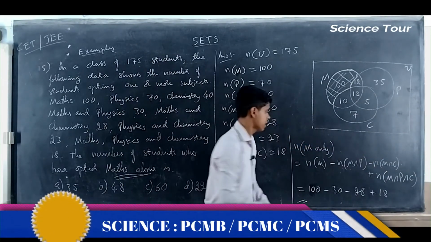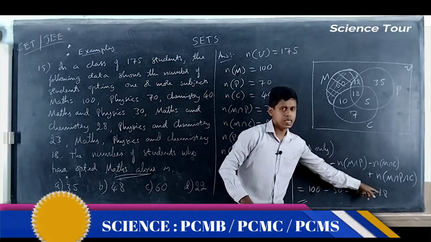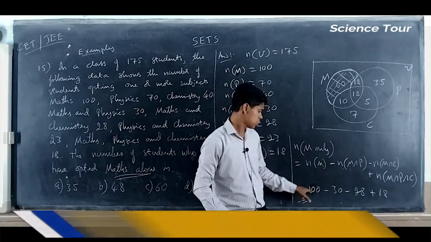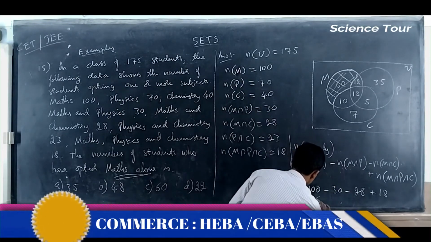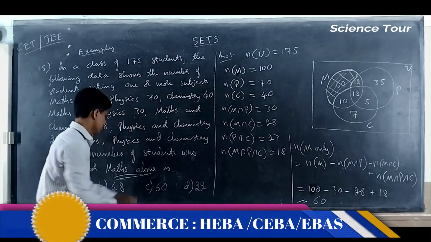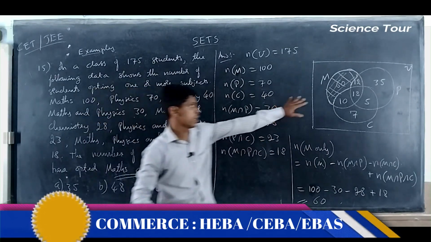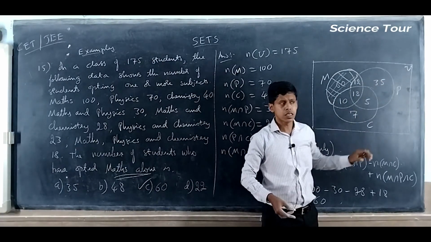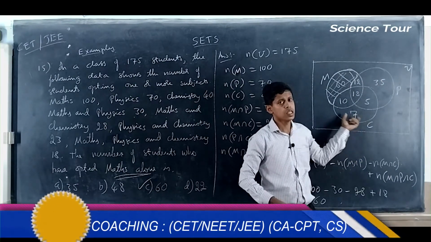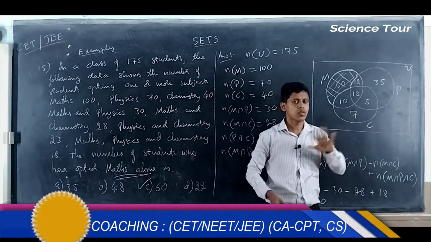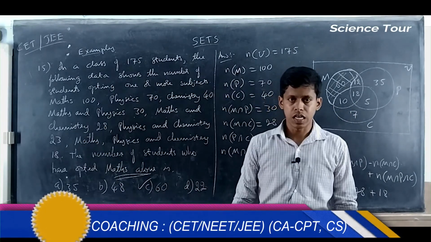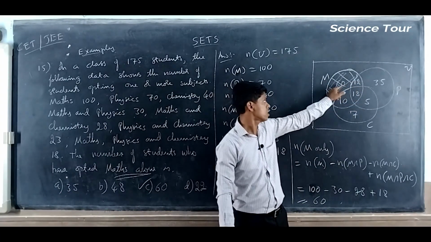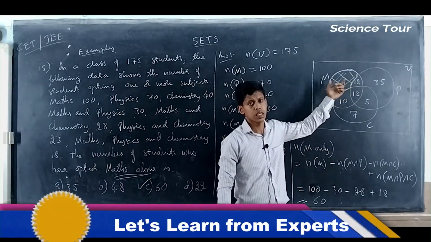So when you calculate that, minus 28 plus 18 is minus 10, minus 10 minus 30 is minus 40, so 100 minus 40 is 60, and that's the answer we have got using the Venn diagram. Well, if the question is only physics, that is 35. If the question is only chemistry, the answer is 7. So using the Venn diagram, you can clearly get all the answers, but you should know how to draw and how to mark these regions with their appropriate numbers.